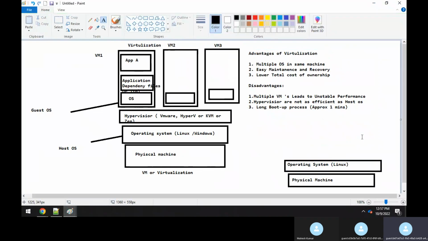On top of this operating system, we depart from the hypervisor. It means we don't install the hypervisor. Instead, we install Docker. Once you install the Docker software, you will get a Docker engine here.